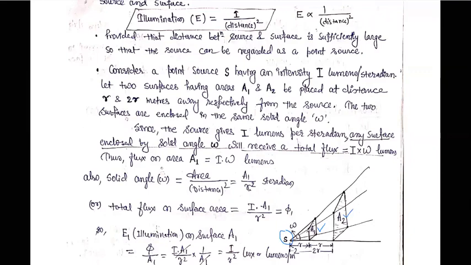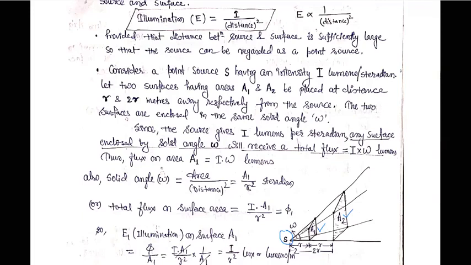Illumination at this surface having area A1 is inversely proportional to 1 upon R square. Illumination is inversely proportional to the square of the distance between the source and the surface.